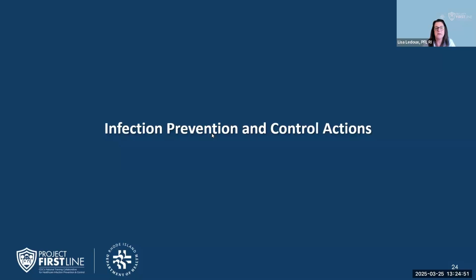So we know prevention is better than treatment. And the management of VAE requires a multidisciplinary approach involving physicians, nurses, respiratory therapists, and infectious disease specialists to tailor the treatment to the individual patient's needs.